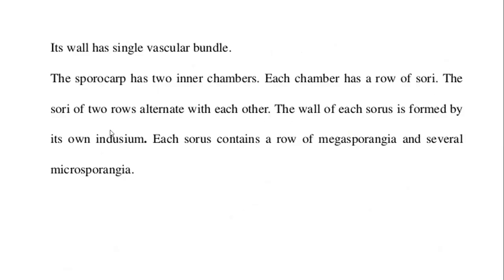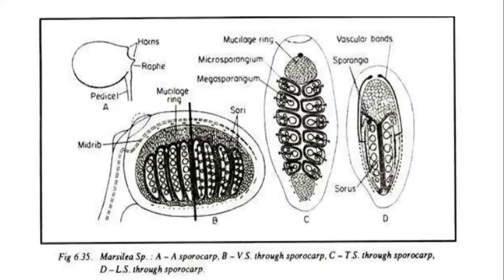Now, the sori of the two rows alternate with each other. The wall of each sorus is formed by its own indusium, and each sorus contains a row of megasporangium and several microsporangia.